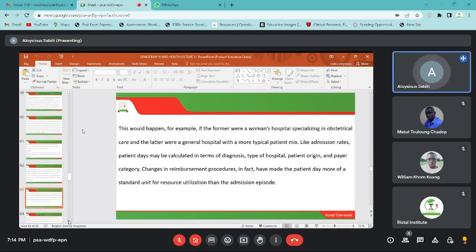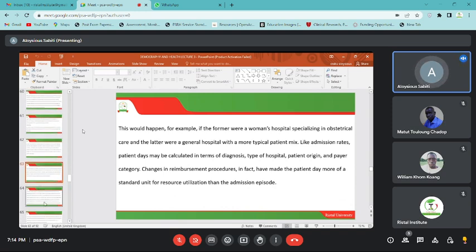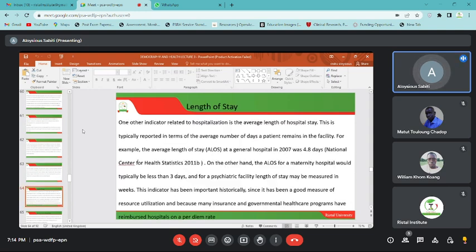Another indicator that I would want to look at is the length of stay. One other indicator related to hospitalization. Remember, these two, the days spent and the length of stay, are both indicators that are drawn towards hospitalization. This is typically reported in terms of average number of days a patient remains in a facility.